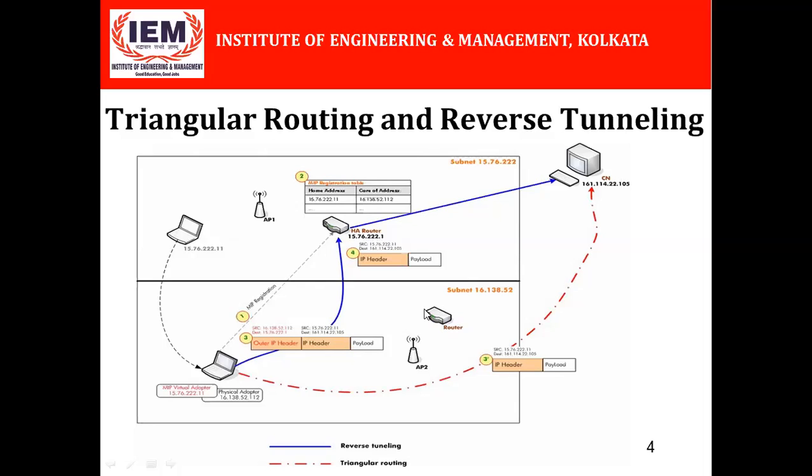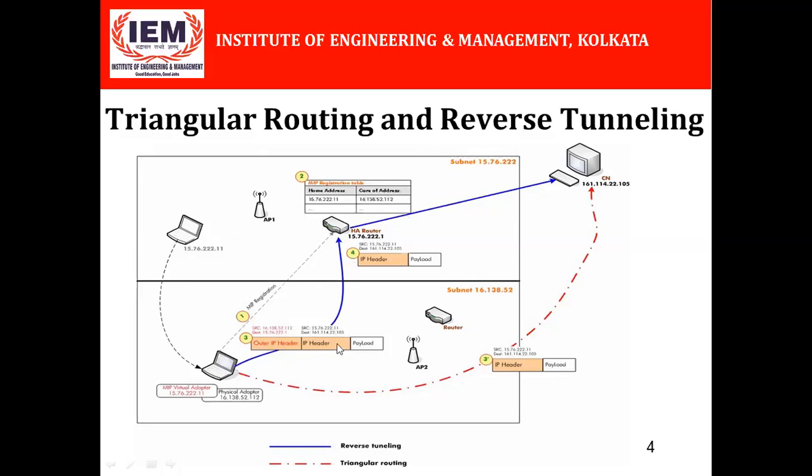First, the mobile node can add an outer IP header. What addresses must be present under this outer IP header? One is the source address. Who is the source now? My mobile node. Who is my destination? The destination is my home agent.